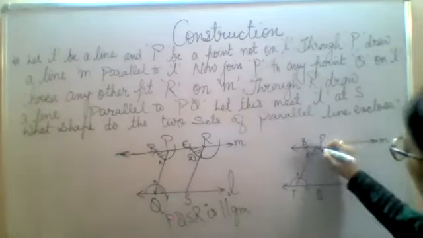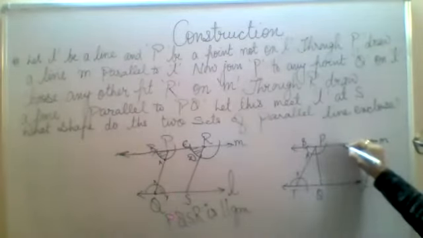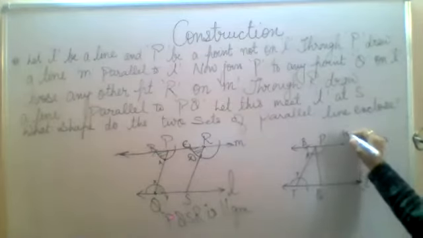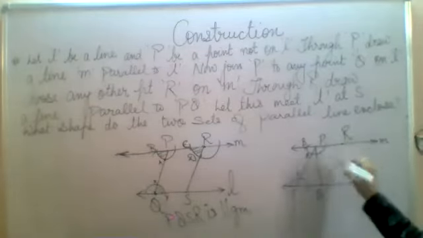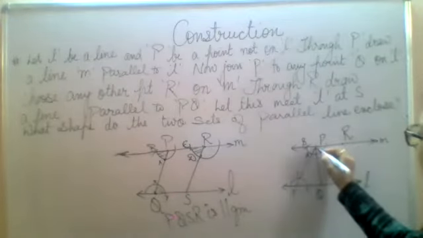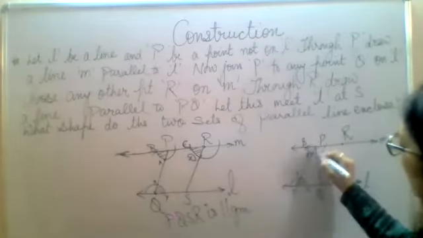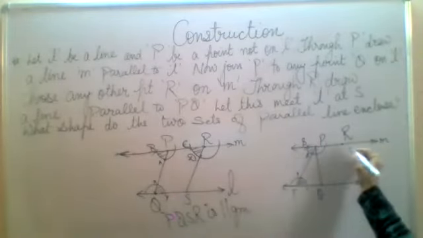Now you can join this one. Take another point here, R. Now here you can do it another way: this one was alternate angles, and here you can make corresponding angles equal.